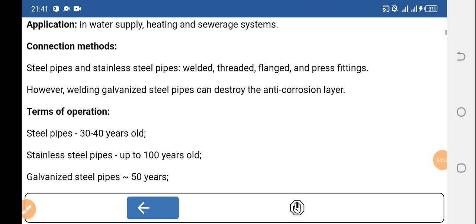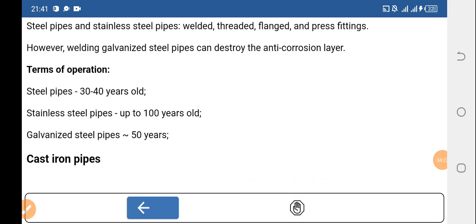Okay, now when you look at the terms of operation, we said a steel pipe can work in the system for 30 to 40 years, meaning that this material is durable and can last a lot of years.